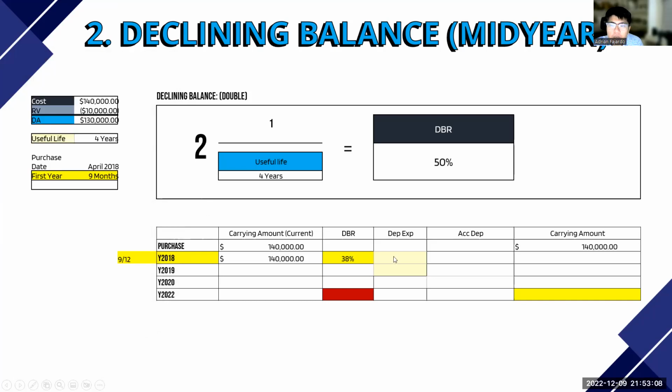Rounded up. Which will give you a depreciation expense of 52,500. And then your ACDEP is 52,500. So your new carrying amount for 2019 is 87,500.